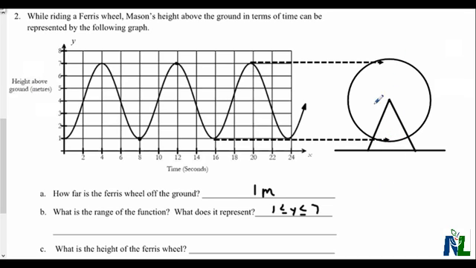Because the range in values is 6, so this represents the maximum and minimum heights that you would reach on the Ferris wheel. It also represents the diameter of the Ferris wheel. And it's going to represent our max and min heights while you're riding.